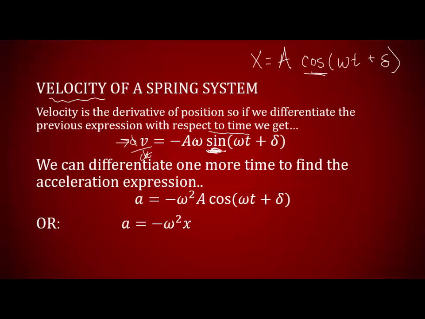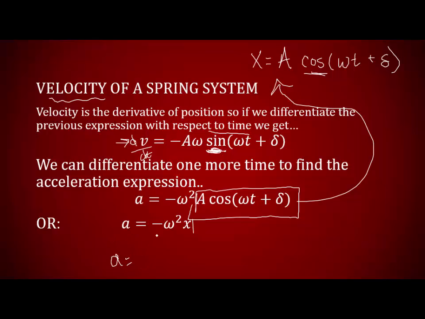So that comes out here, multiplied by that. Hopefully you can see that A cosine of omega t plus delta is x, this same expression up here. So that means that a is also equal to negative omega squared times x.